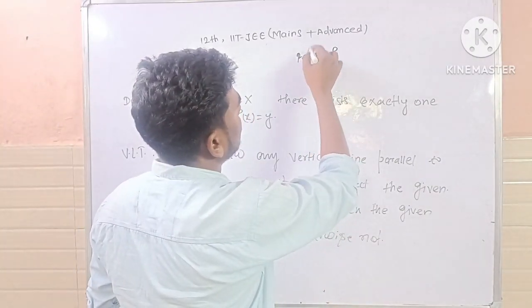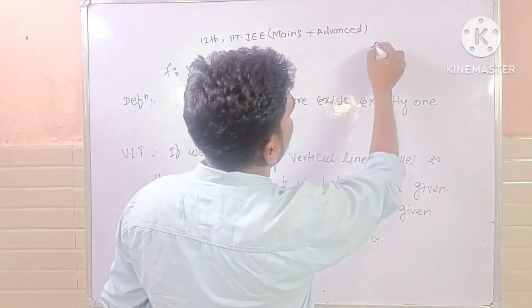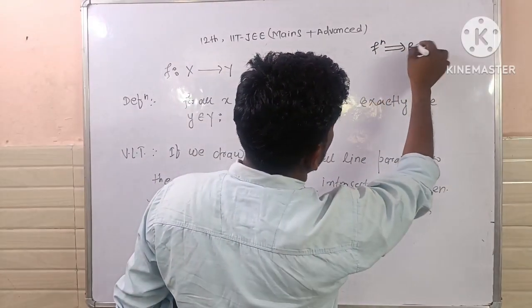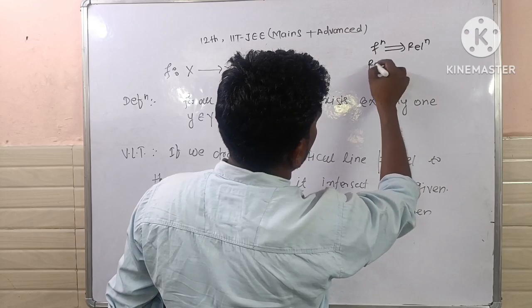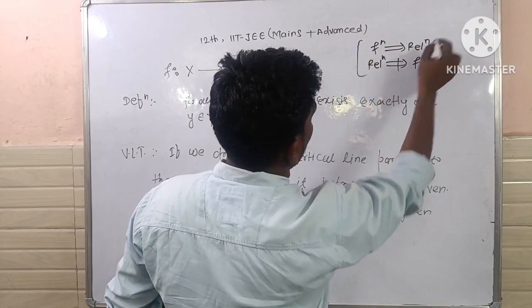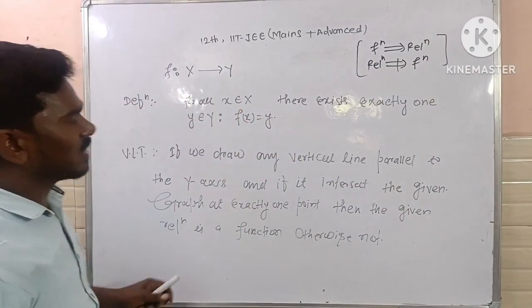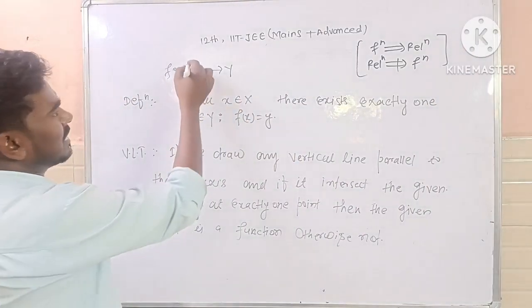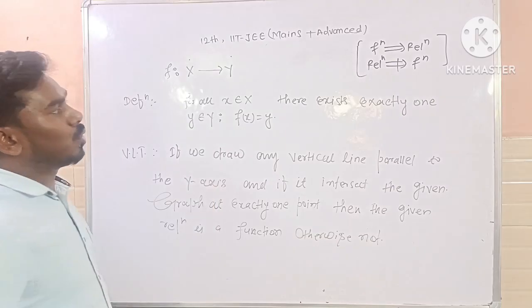As you know, every function is a relation, but every relation need not be a function. So first, define what a function is. This is the domain space and this is the codomain space.